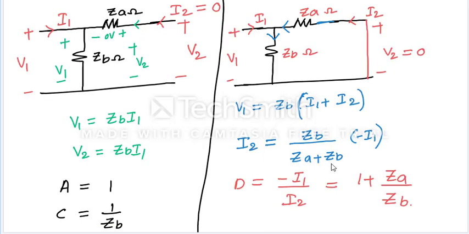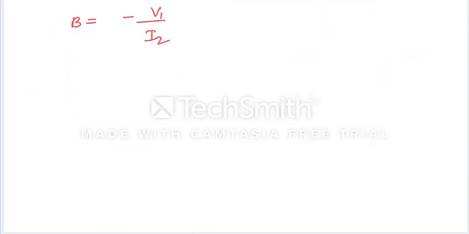Next, we will get the B now. B is equal to minus of V1 by I2. You can see here V1 and this thing. So I2 value, I1 value we should eliminate now here. So we got the V1 value. V1 is equal to what? ZB into I1 plus I2.